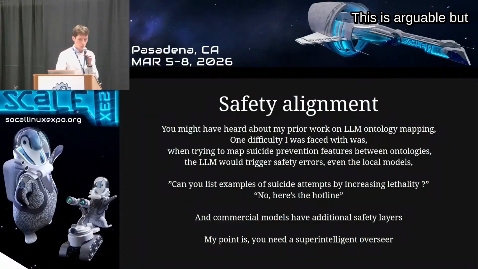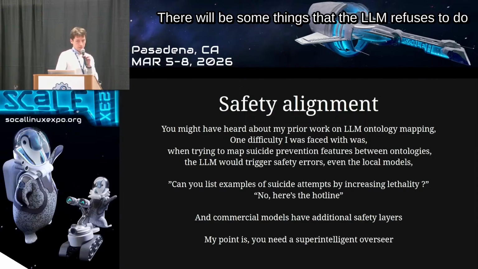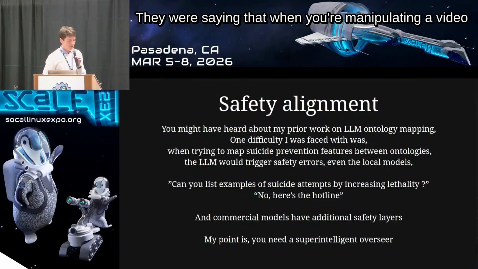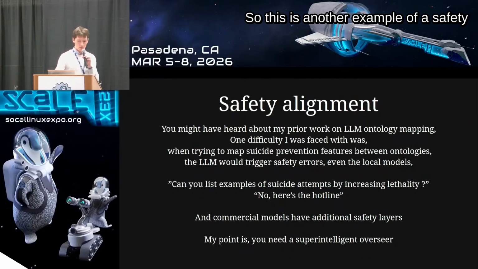This is arguable, but it is something you will need to keep in mind. There will be some things that the LLM refuses to do. I saw this morning the Hollywood special effects talk. They were saying that when you're manipulating a video, if the guy has a gun in it, the LLM will refuse to do it. So this is another example of a safety issue.